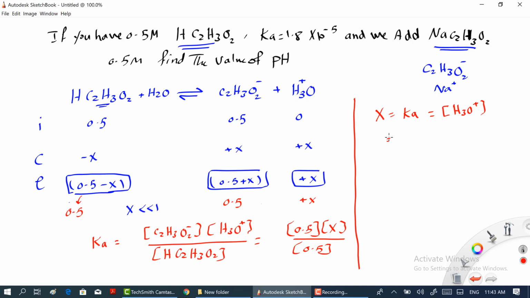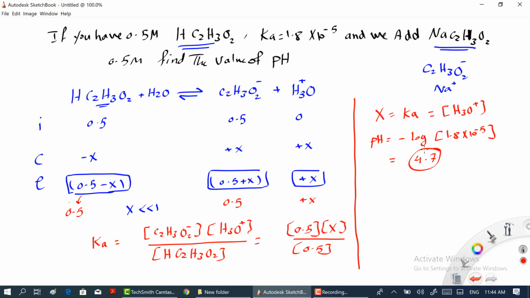So the pH in this case is negative log 1.8 times 10 power negative 5. It will be, I think, 4.7. It is the initial value for the pH. I can consider in this case the pH initial.